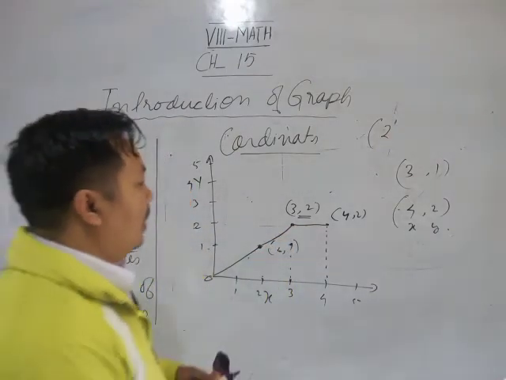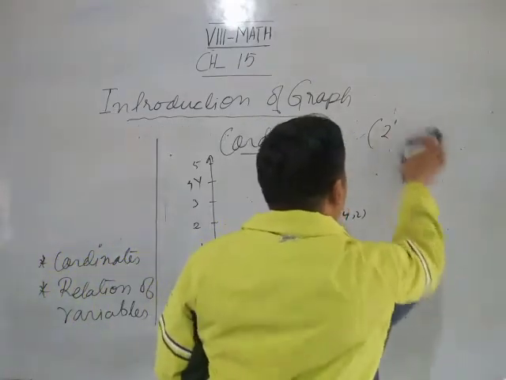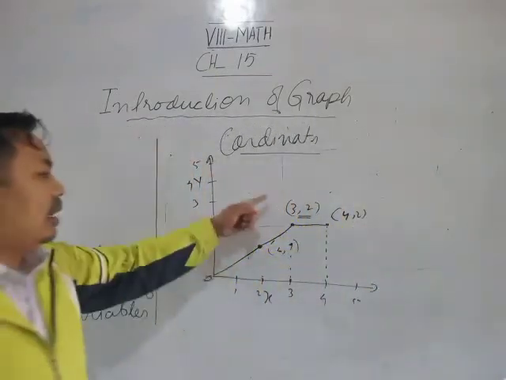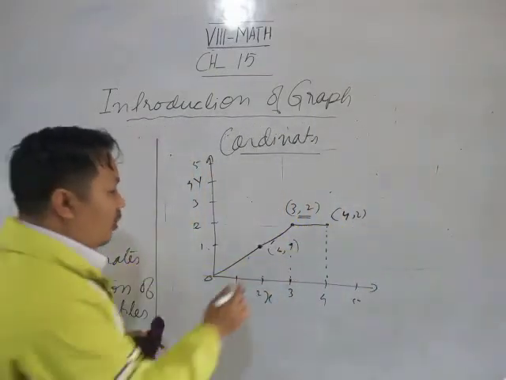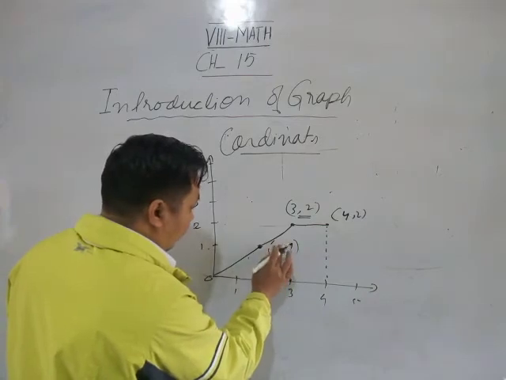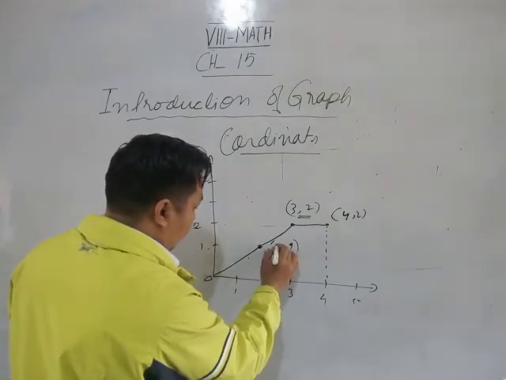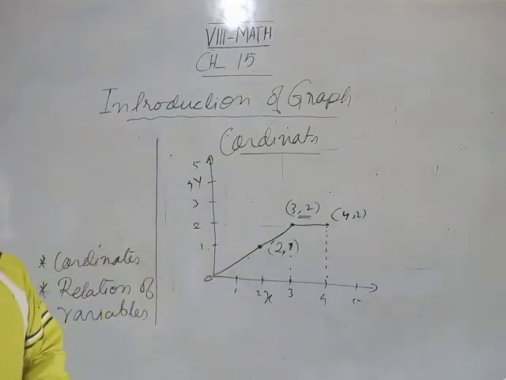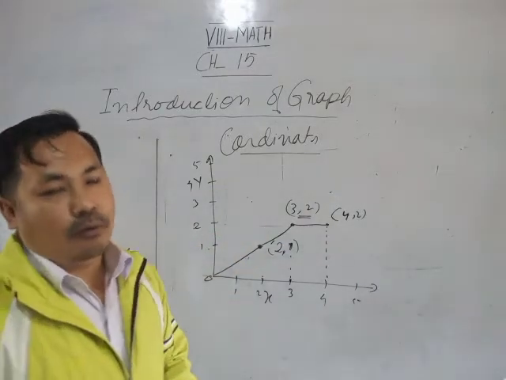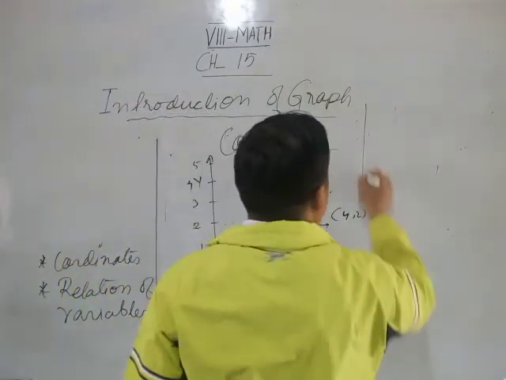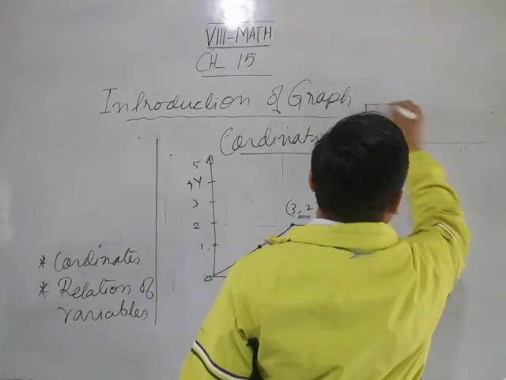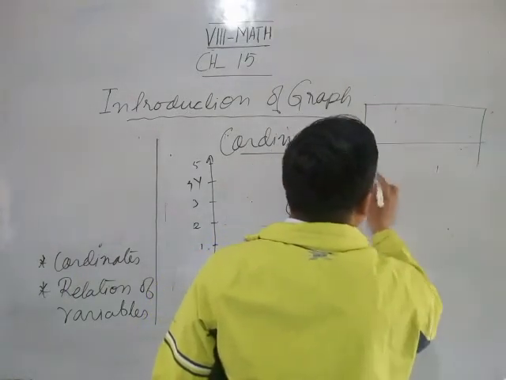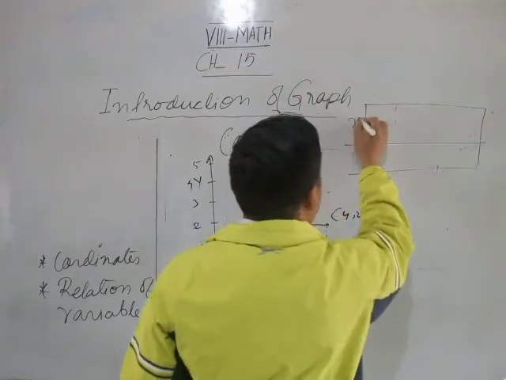Okay. So the value of x and the value of y, these are called the coordinates. Okay, clear? Coordinates means the value of x and the value of y. So they are always given in the form of a table like this. This is x, this is y.